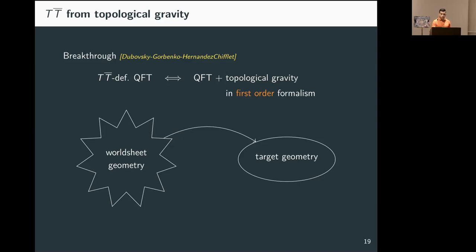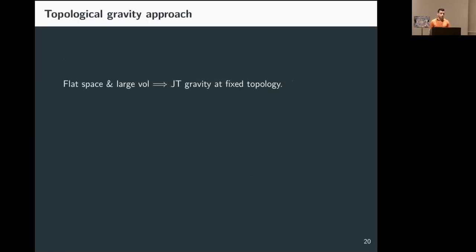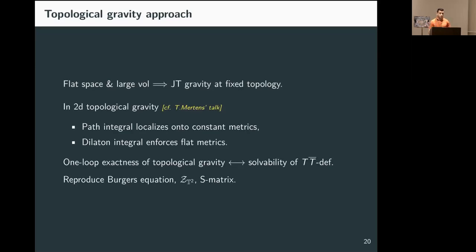This first order formalism is important. In flat space, this is essentially the same as JT gravity, but of course with a fixed target space topology. However, if we want to generalize this, there are some subtleties because we always need to pass through the first order formalism and the equivalence is not so well proved. So that's why I will call it topological gravity.